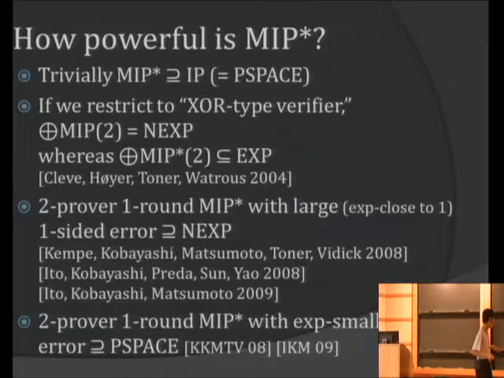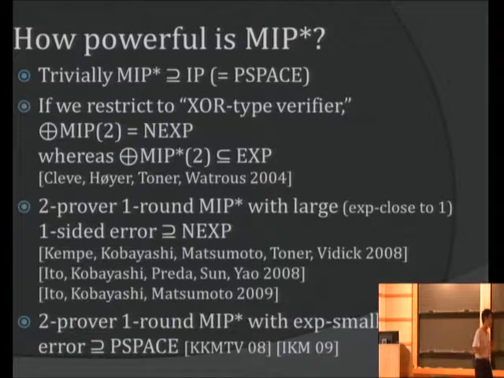And also, if we restrict the verifier to 1 round, so ask question and receive the answer, in this case we know this model seems to be more powerful than single prover, by showing this class contains PSPACE, polynomial space.